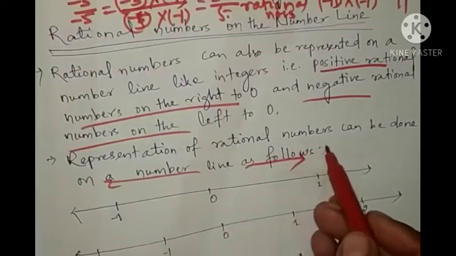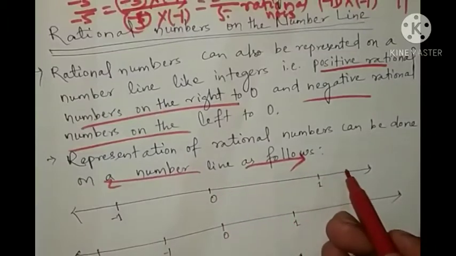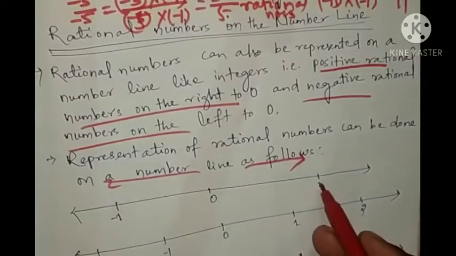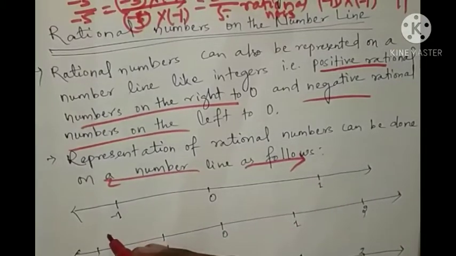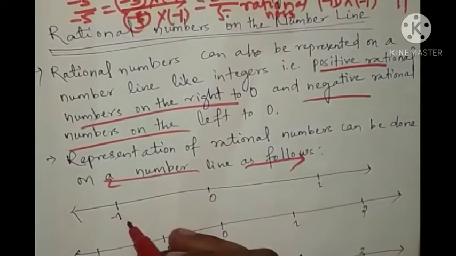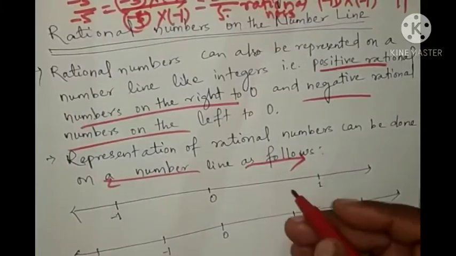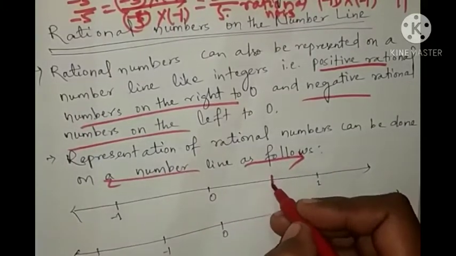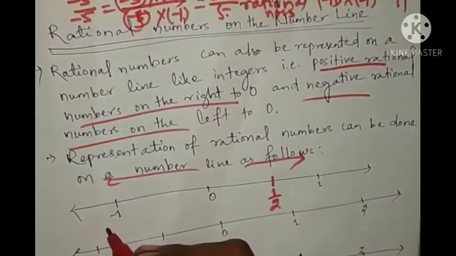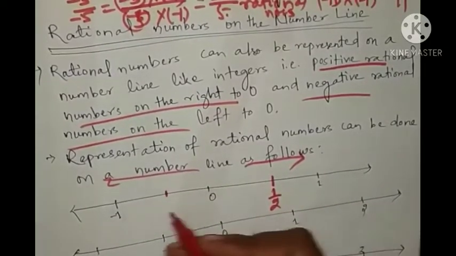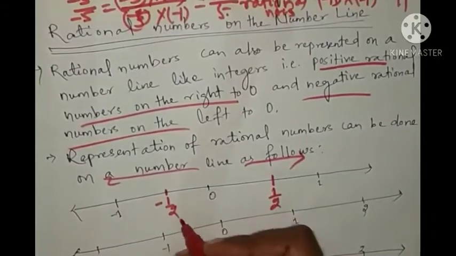Representation of rational numbers can be done on a number line as follows. Like 0, if we put 1 at the same distance, minus 1 at the same distance, these are integers. If I put half, 1 by 2 here, I'll put minus 1 by 2 here.